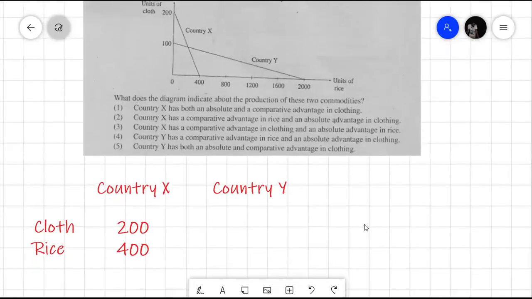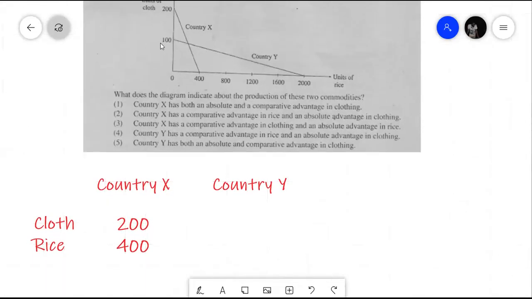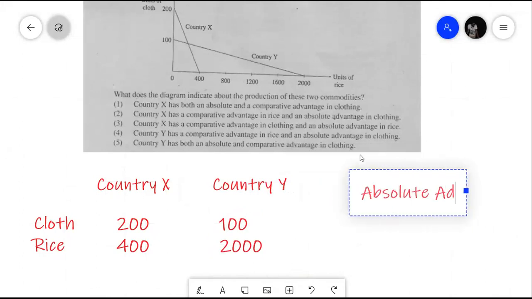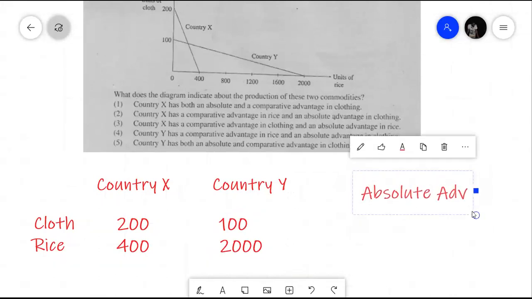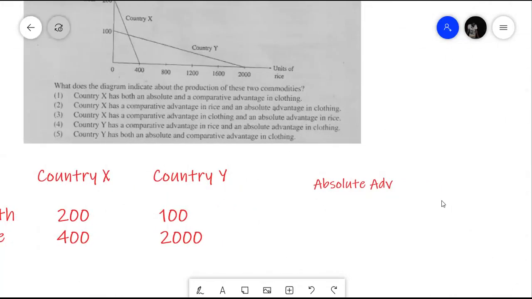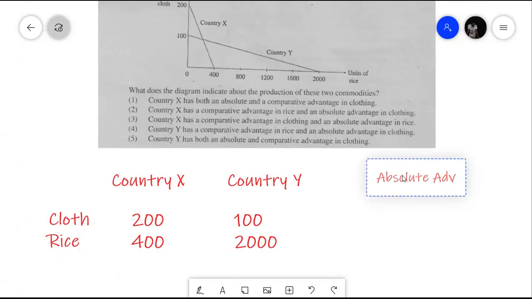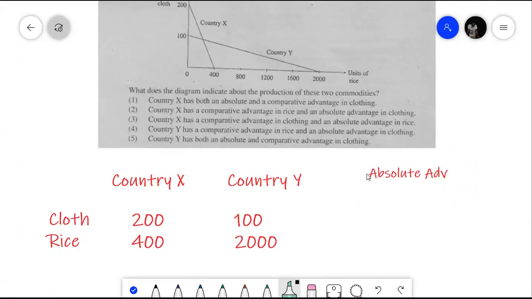Then for country Y, they can either produce 100 units of cloth or 2000 units of rice. So in this context, how do we find absolute advantage? Based on output data, absolute advantage is whichever country can produce more units.